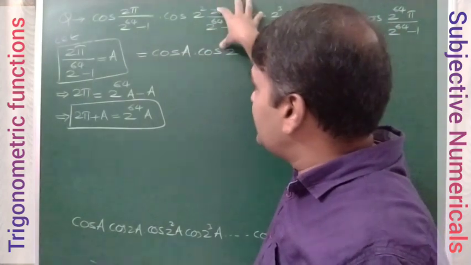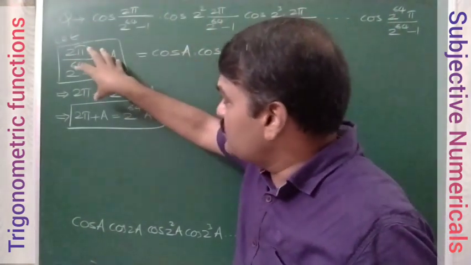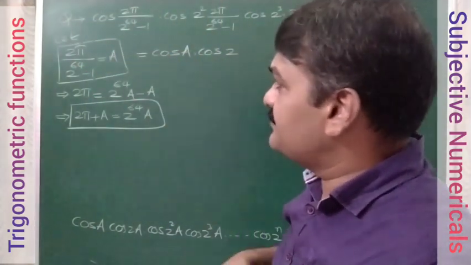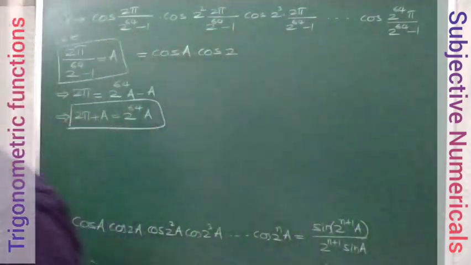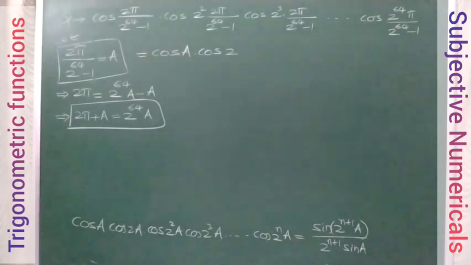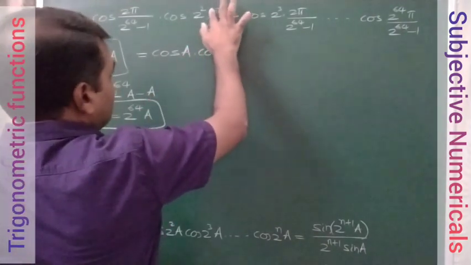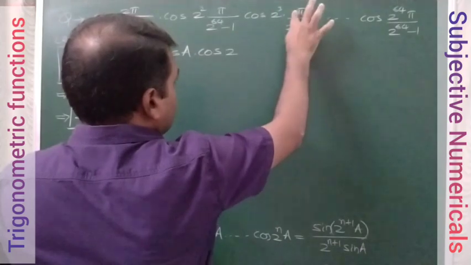So this is the basic question. We will try to substitute this angle, that is 2 pi by 2 power 64 minus 1, as A in the question given. Okay, right. So let us start the question now. Small correction.